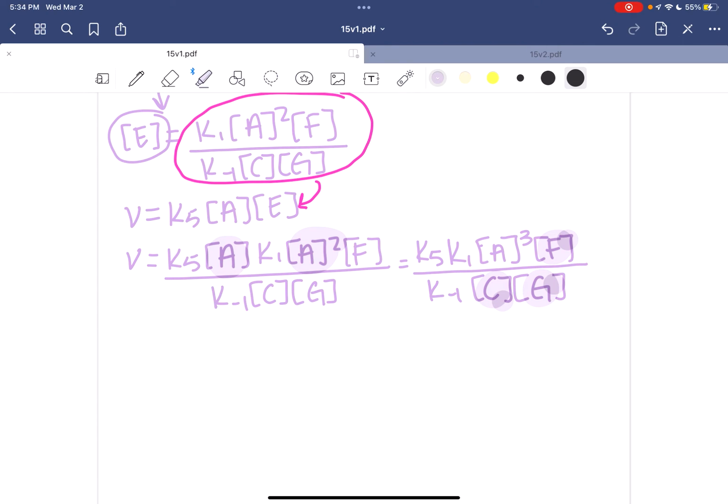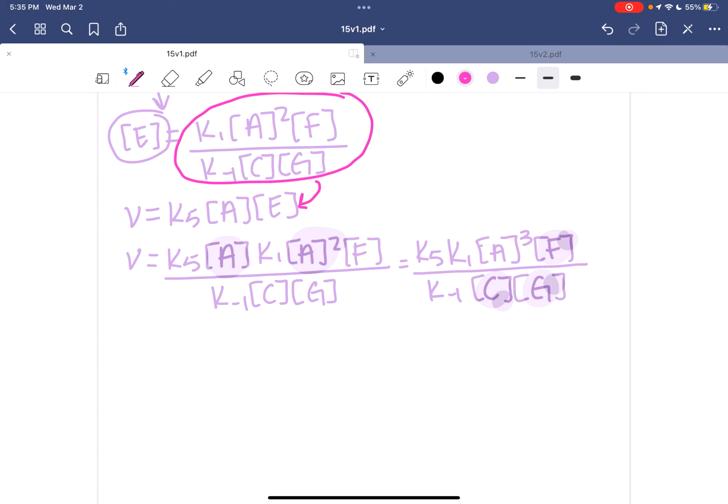We're not going to be able to take care of them all at the same time, but we'll deal with the intermediates first. So my recommendation is to start by isolating and substituting in for the intermediates and then work on the products, just so that you have a little bit of a priority list there to focus on.